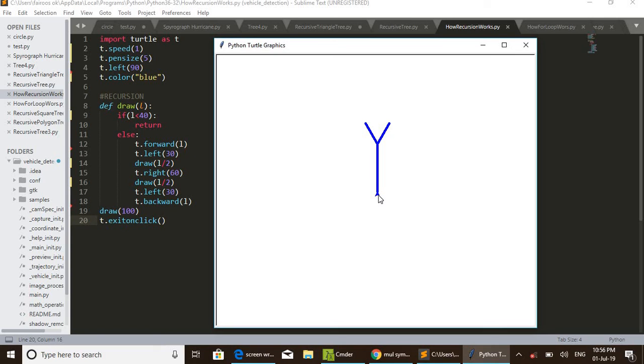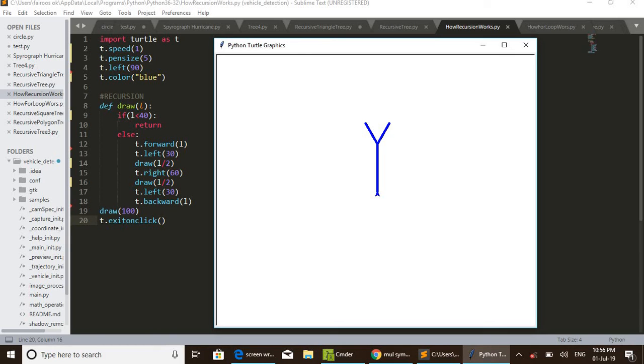Like that it happens. Actually, it keeps calling the same function, and it rotates with calling the same function, and by giving a condition.